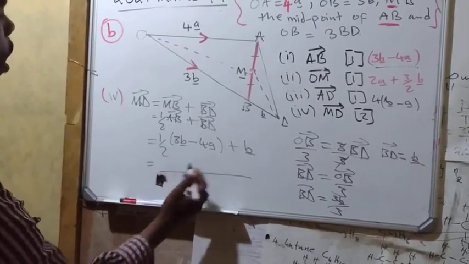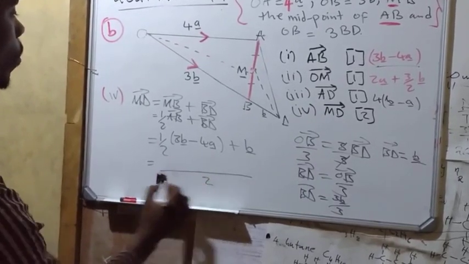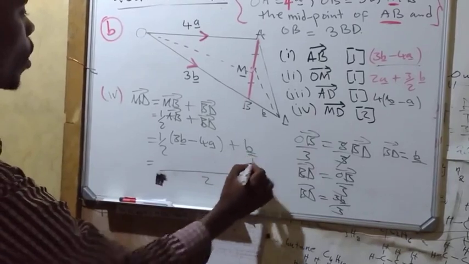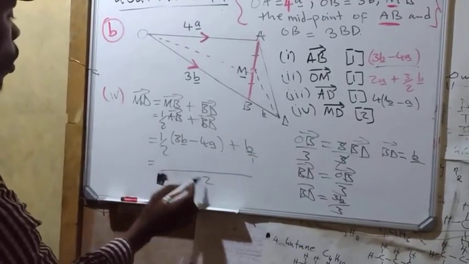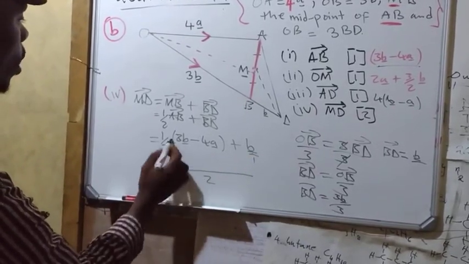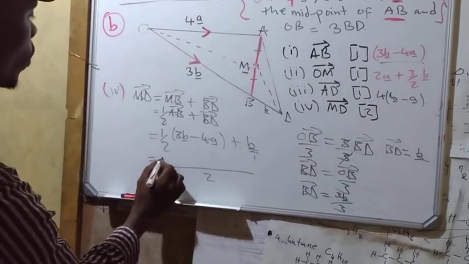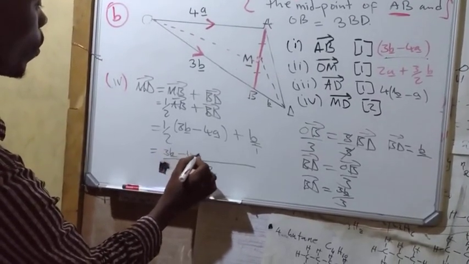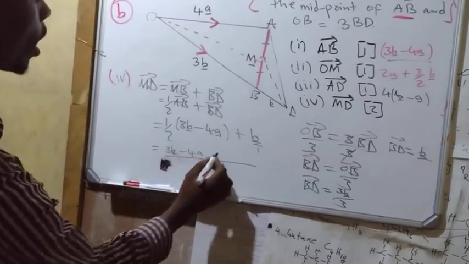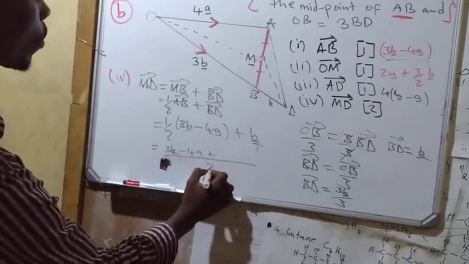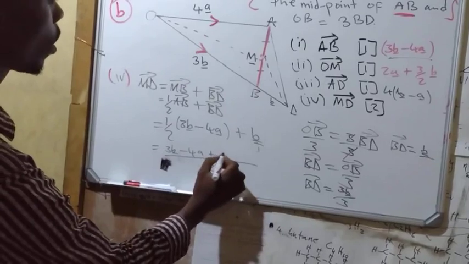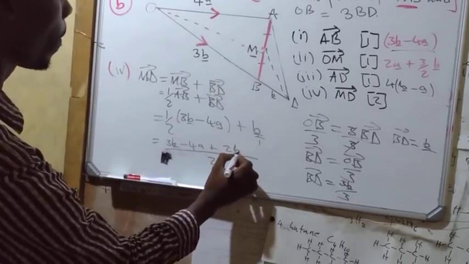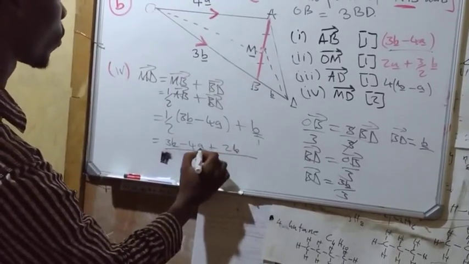So there we'll say 2 over 1. Then 2 into this, it's just 1 times everything there. We are going to maintain everything on top as a numerator. Then plus 1 into this is 2 times this one. We're going to have 2b like that.